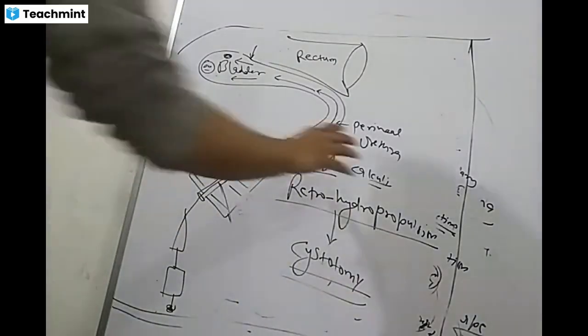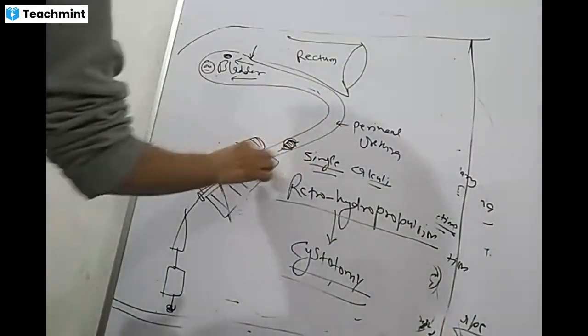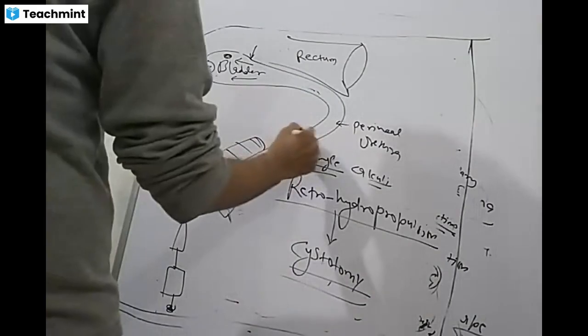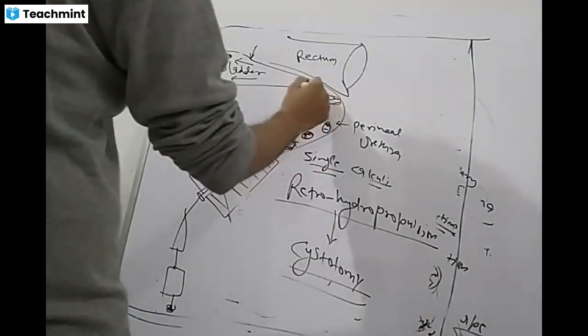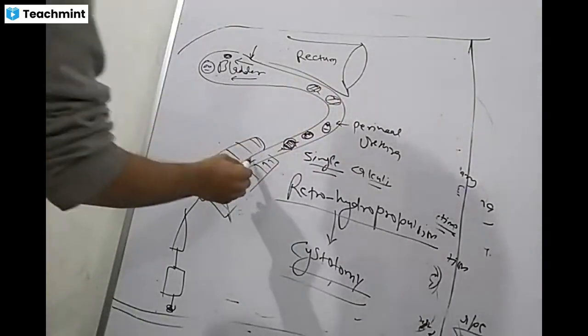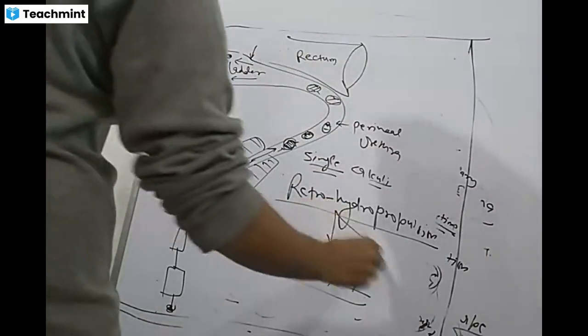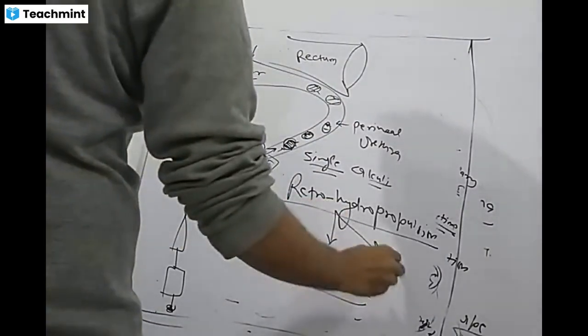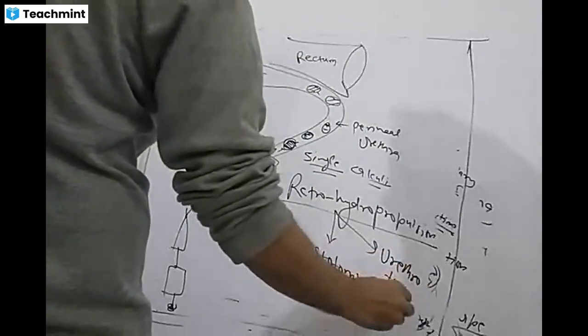The second case is if in this dog there are multiple stones in this pathway, then it is not possible to throw them into the bladder. Then you can go for only one option, that is urethrotomy.